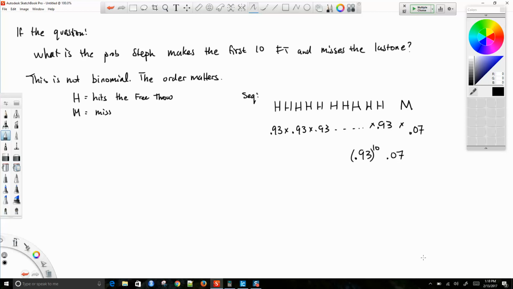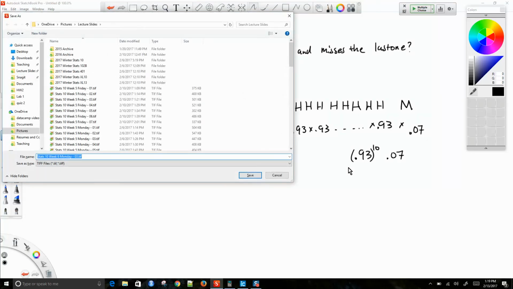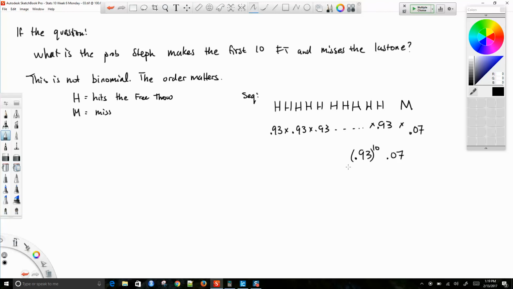Is that okay? And that's what we would do. And this is not binomial. This is just you multiply the probabilities down the line. Okay? But this actually serves as kind of a basis on how we calculate binomials. The only difference between this question and a binomial is that in the binomial, the order does not matter.